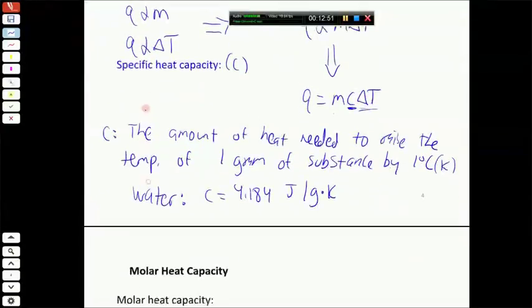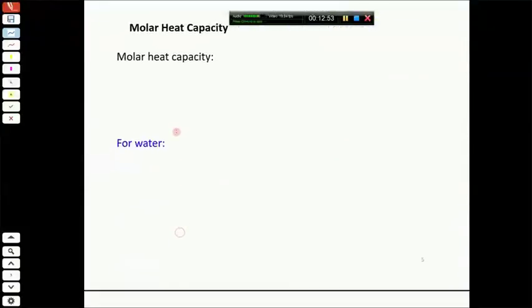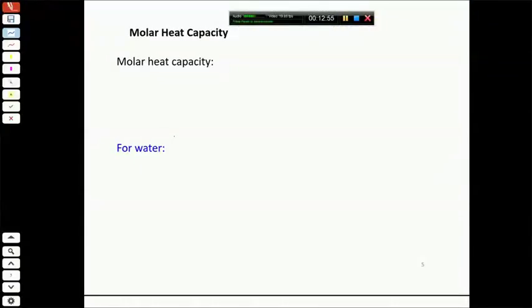The other slight variation on this is what's called molar heat capacity. So you saw that specific heat capacity is in terms of grams of substance, and that's actually the one that's more commonly used. But there is what's called the molar heat capacity, which, as the name implies, is the amount of heat needed to raise the temperature of 1 mole of substance by 1 degree Celsius. So it's not used as commonly, but we do want you to be aware of its existence and how to convert between the two values.